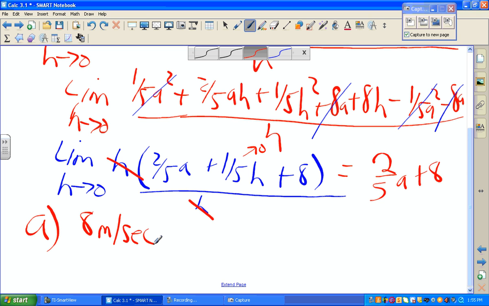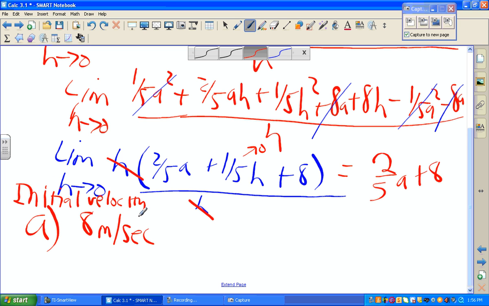Initial velocity, the oomph with which you start. That needs to be written down somewhere. Initial velocity means time equals 0.